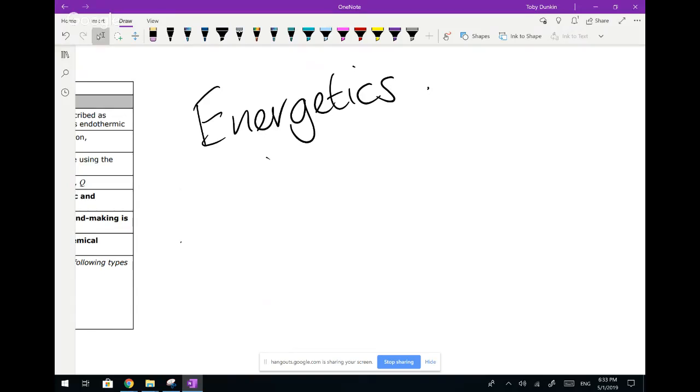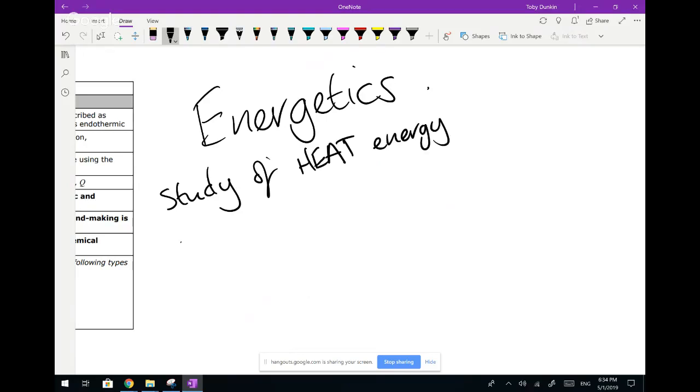The word energetics within chemistry as a subject is the study of heat energy. Notice that I'm not just writing heat, I'm not just writing the word energy, I'm putting both together. The study of heat energy change. So that is super, super important.